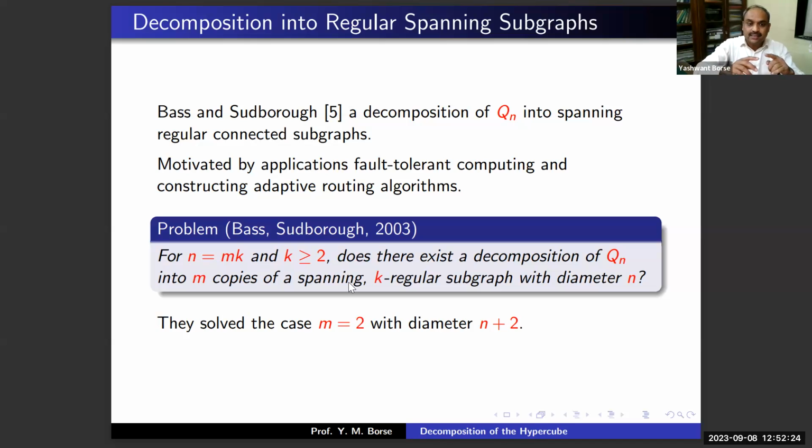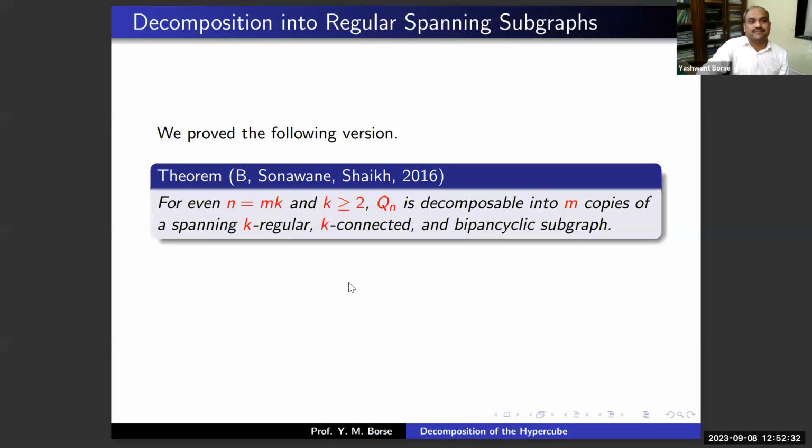So we consider this problem in terms of Hamiltonian decomposition as follows. So n equal to mk, k greater than or equal to 2, can Qn be decomposed into m copies of a spanning k regular, k connected bipancyclic subgraph?